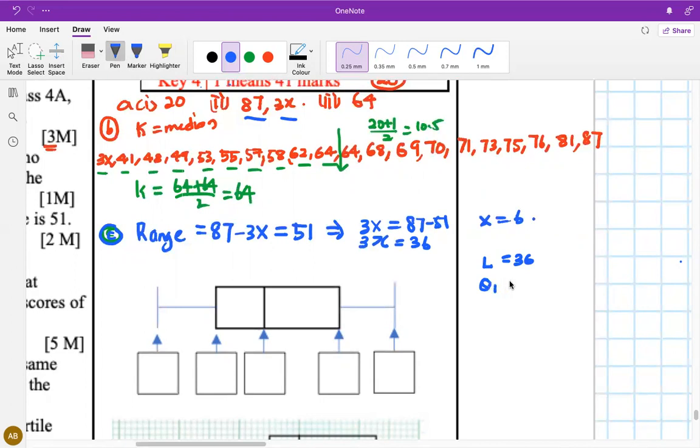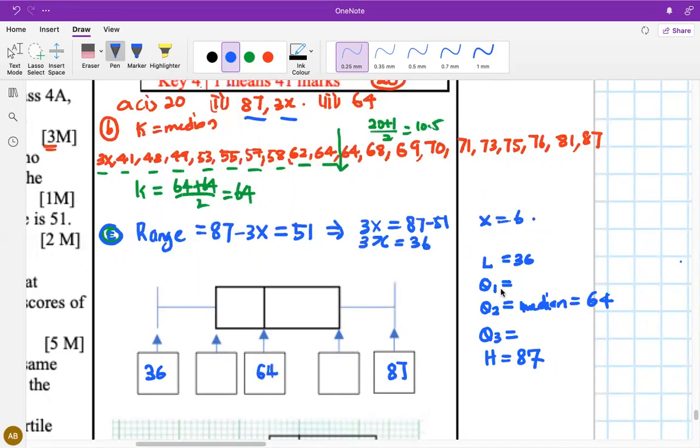So this is Q1, Q2. Q2 is the median, which we have already, 64. Then Q3, the third quartile, we don't know yet. And then H is the highest data. So we can fill in the first, 36, the highest is 87, the middle is 64.